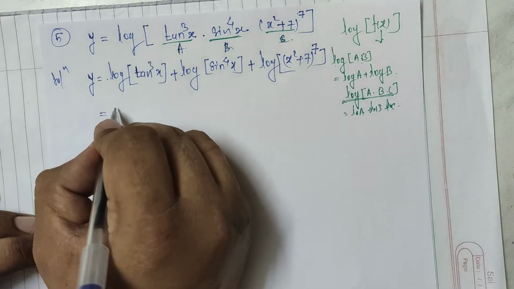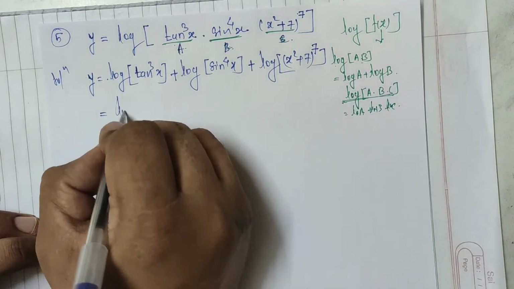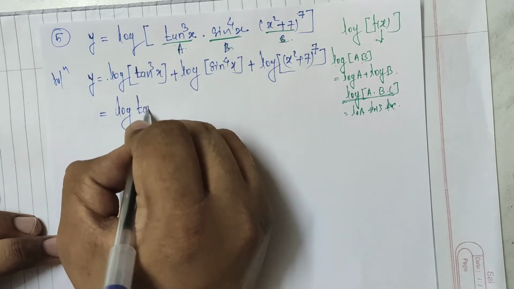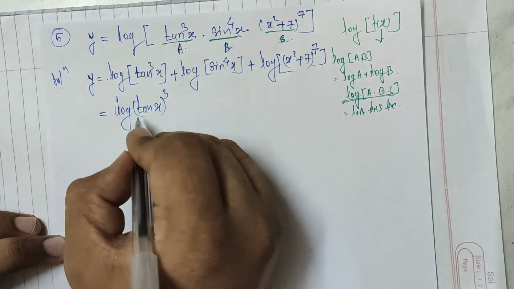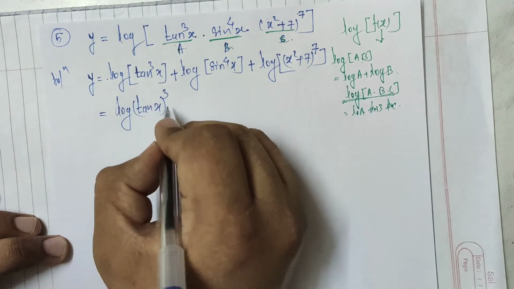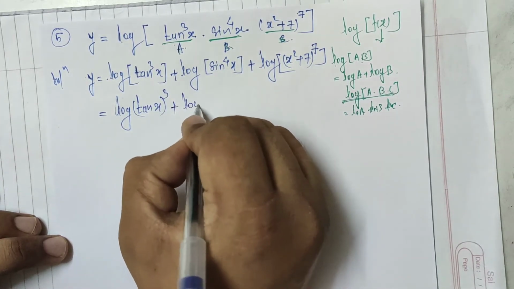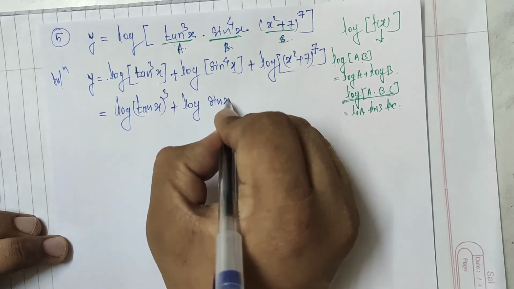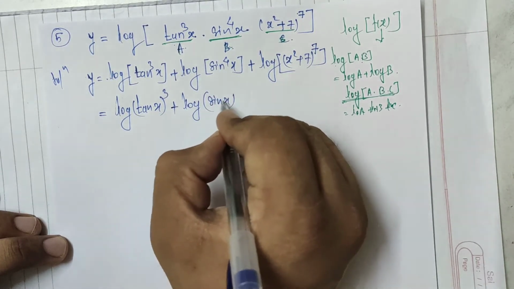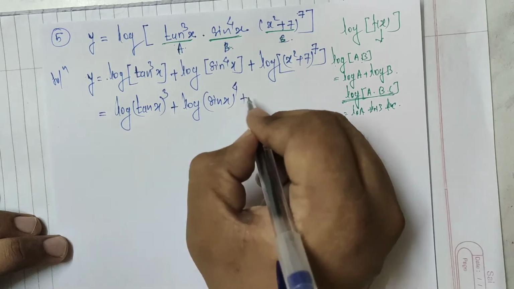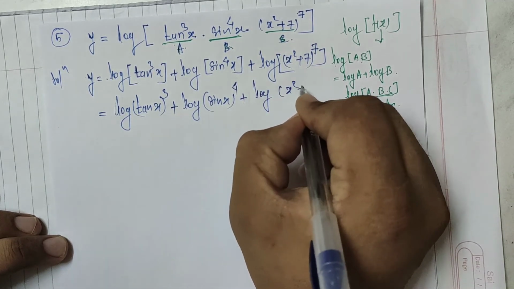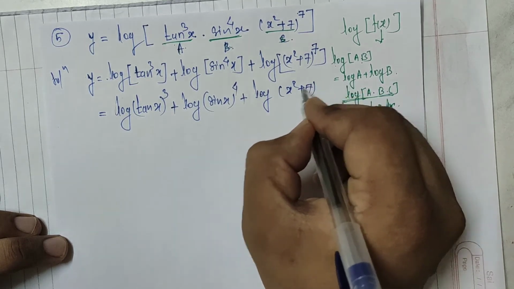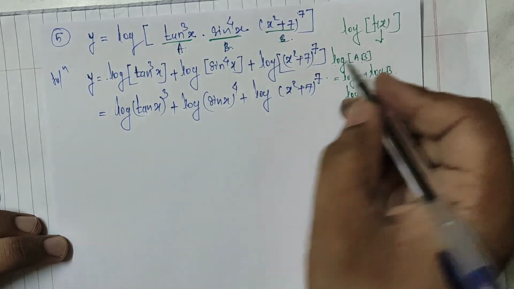That is equal to log of tan x whole cube. Tan cube x means tan x bracket raised to cube, plus log of sin x, where sin raised to 4x means sin x raised to 4. Log of x square plus 7 raised to 7 means bracket raised to 7.